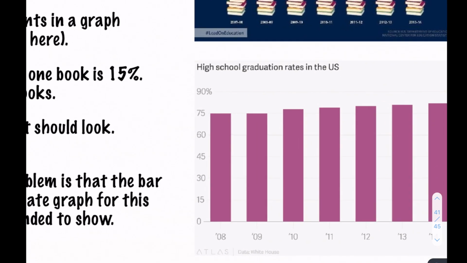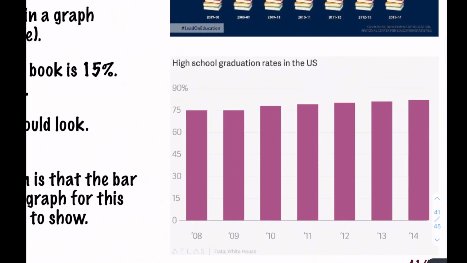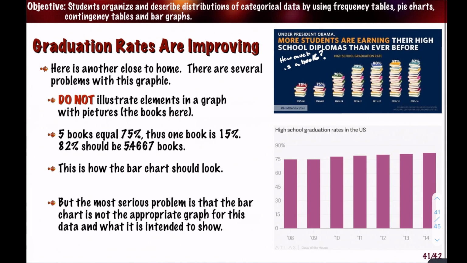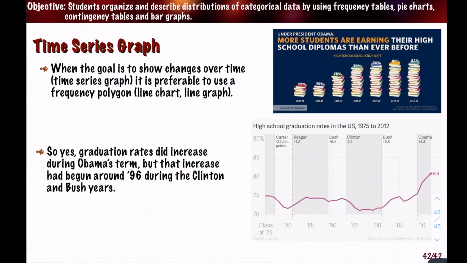How it should look is the one in purple. And you can see that the numbers are going up, but more slightly. But the most serious problem is that the bar chart is not the appropriate graph for this data and what it intended to show. What you should have looked at is a time series graph because we're looking at things over time.